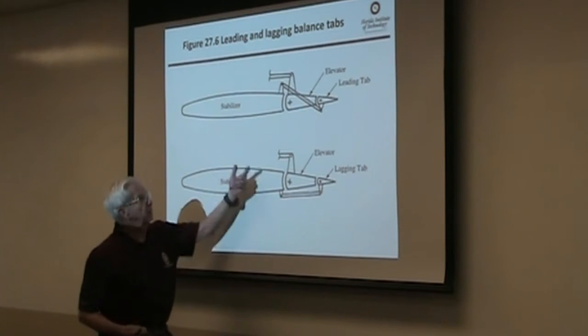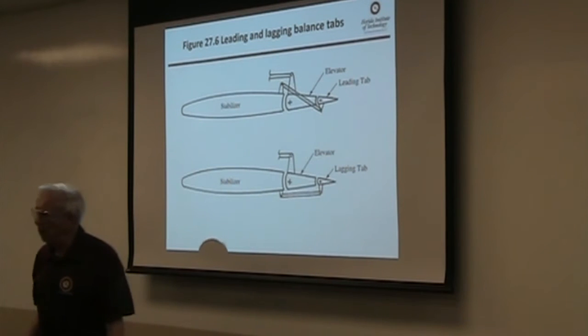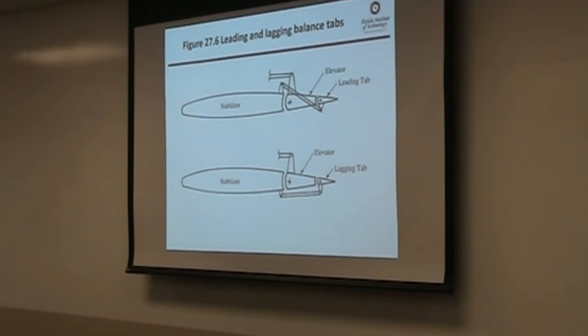Here's a lagging tab. Notice the difference between the two. If the forces are too high, poor pilot can't move the control, maybe you want to put a lagging tab on.